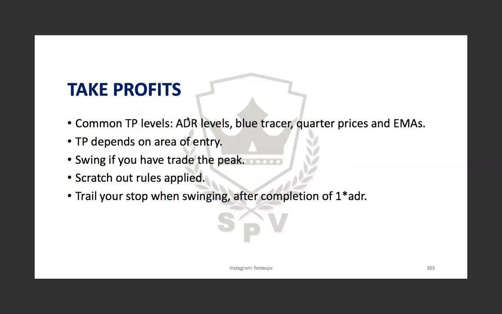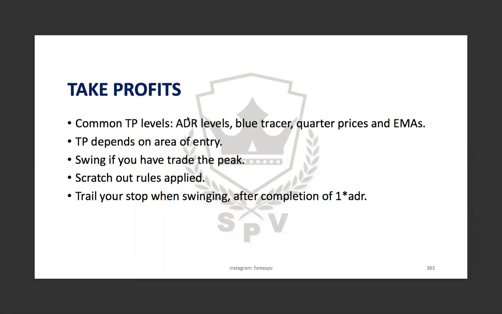TP also depends on the area of entry, because someone can have a 50 pips take profit, but his entry was early compared to someone who has a 40 pips TP. So a 40 pips TP may have entered the market 10 pips late.